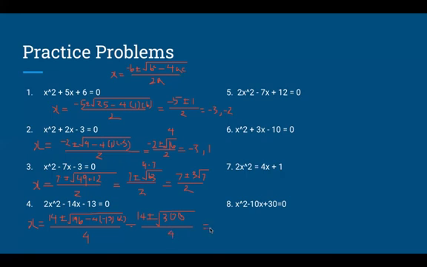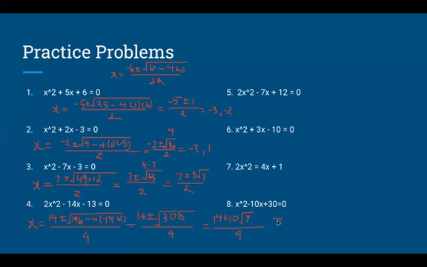If we look at 300, we can simplify it by 100. That gives us 14 plus or minus 10 times the square root of 3, over 4.